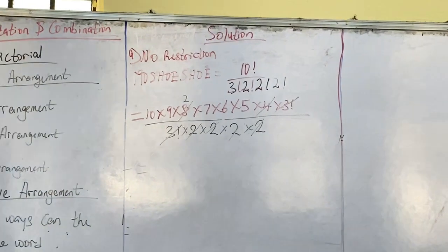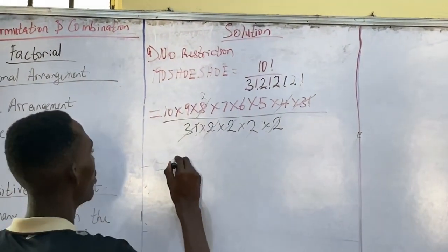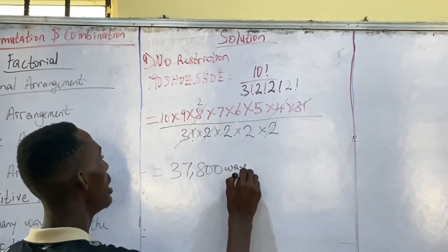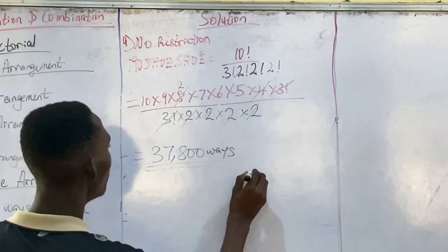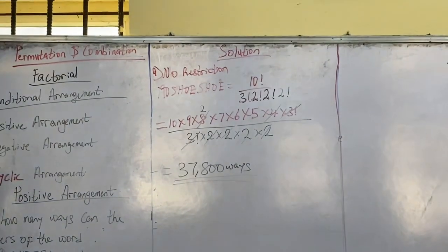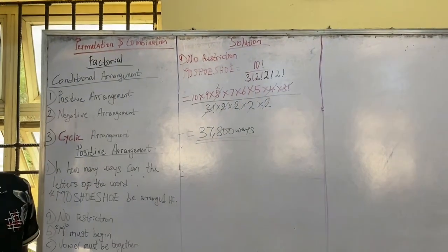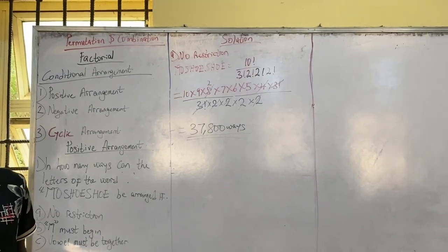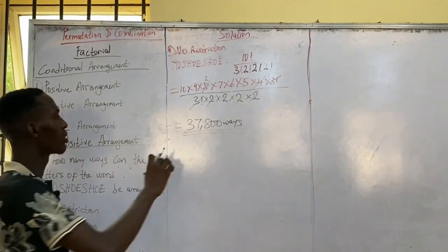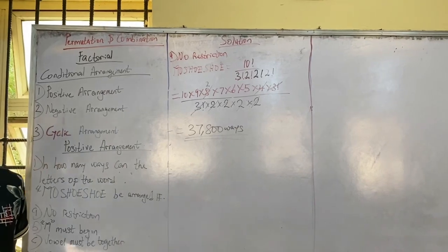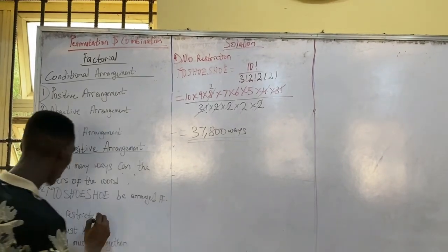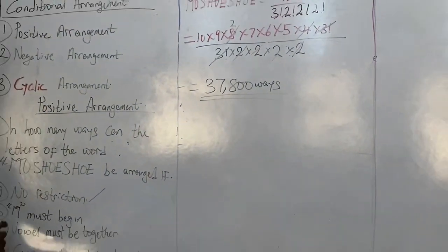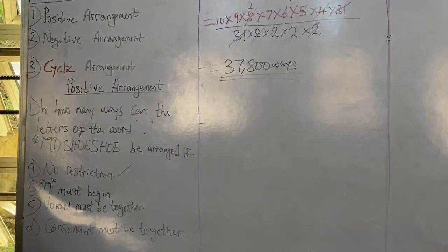So this is 37,800 ways. That is if there are no restrictions. It's 37,800 ways. Now requirement A is fulfilled.